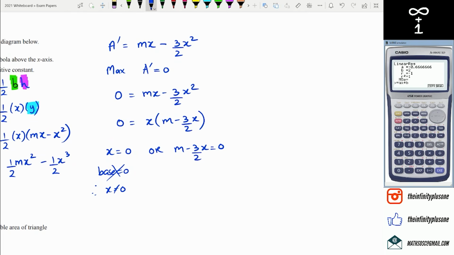When we rearrange the other one, let's actually do it this way: negative 3 over 2 x equals negative m. Then I'm going to get rid of the 2 to the opposite side. So I get negative m multiplied by 2, and I've got x is equal to negative 2m divided by negative 3.